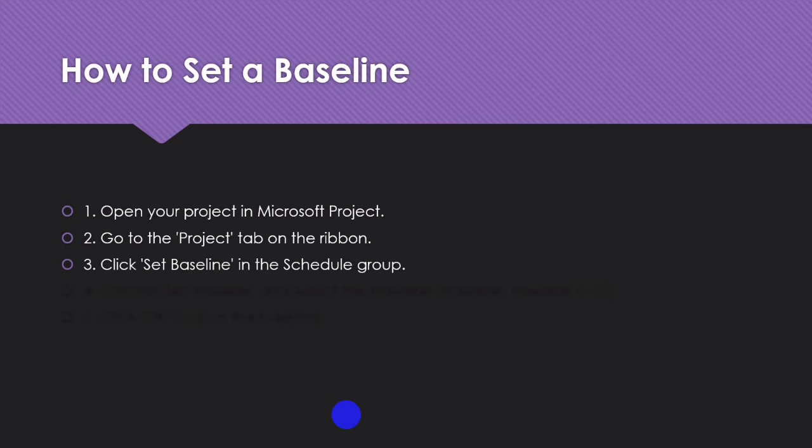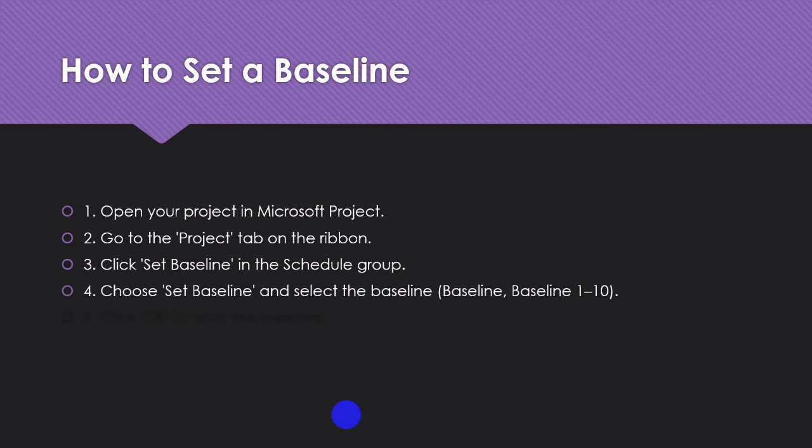You can choose from the baseline or any of the 10 available versions, baseline 1 through to 10, click OK, and that's it. Your plan is now locked in, simple but powerful. So let's just look at how to set a baseline.